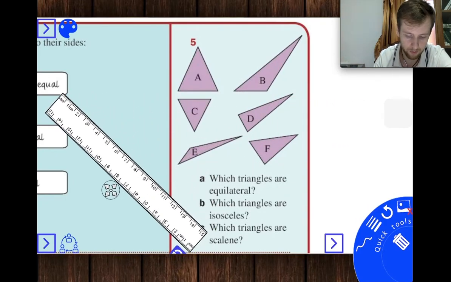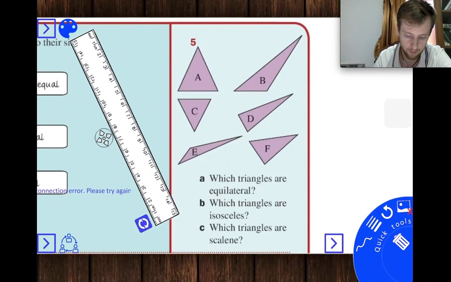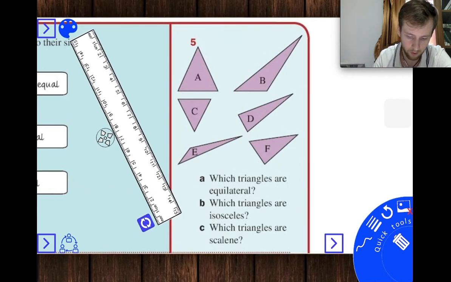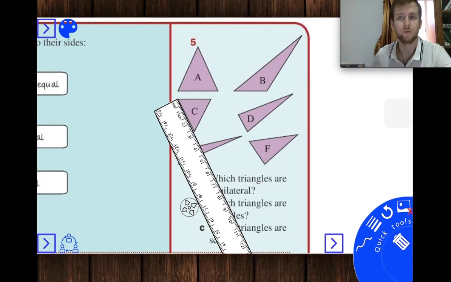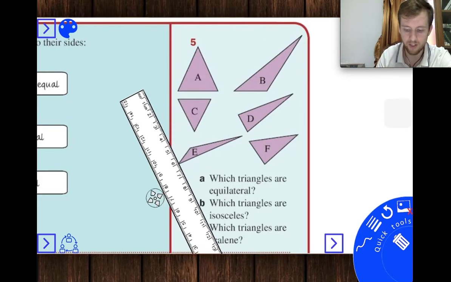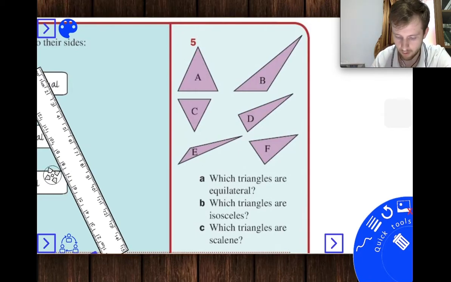It's pretty close. And just the third side left. Also 2.7. So my eyes, they do not betray me. Sometimes they do, but this time not. So this one is equilateral. So this triangle C is equilateral. We can write this: C is equilateral.